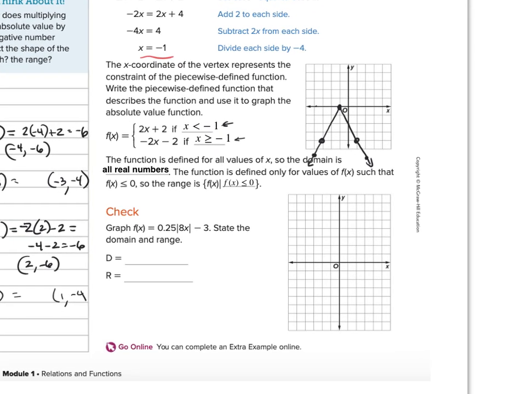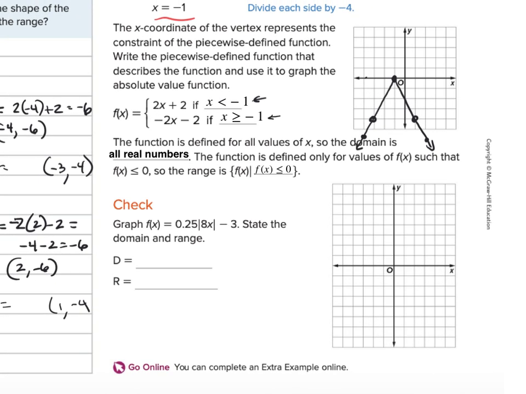And looking at this next example, state the domain and range. Before I even graph it, if it's an absolute value function, I know my domain is all real numbers. Before I even graph it, if I understand that transformation, I have 0.25 absolute value of 8x minus 0, minus 3. I know that my vertex should be 0, -3. Okay, that should be my vertex.